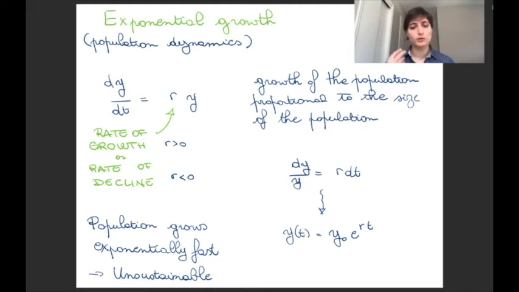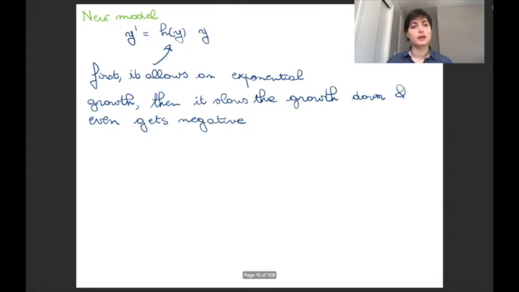So we want to do some more refined modeling to find something more sustainable. So we build up a new model. The base structure is the same, y prime equals something times y, but the something is now not a constant anymore, but a function of y itself. We want something there that first allows for an exponential growth, then it slows the growth down and stops the growth altogether by becoming negative.